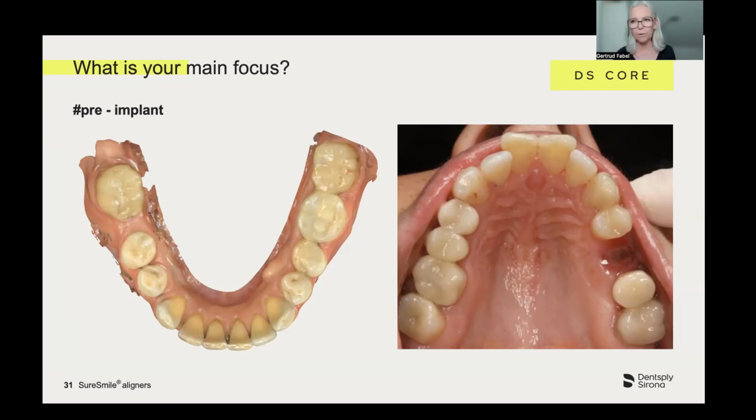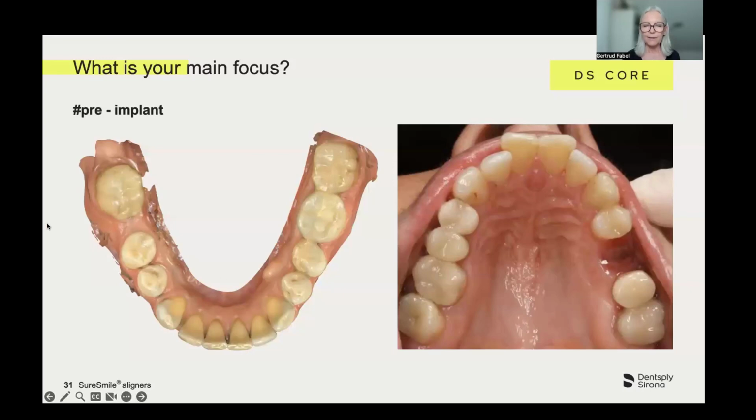Often we find one of the 2 following indications: the gap for the implant is still a little bit too large, and there is some crowding in the front at the same time. Or the gap for the implant is too small, and you have gaps in different places in the row.